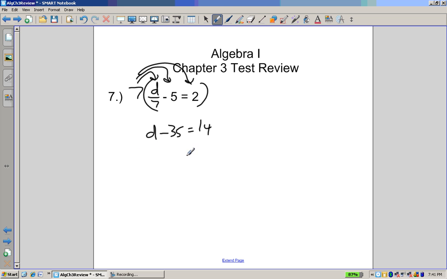And now it's actually fairly straightforward. D minus 35 plus 35 equals 14 plus 35. That gives me D plus 0 equals 49.